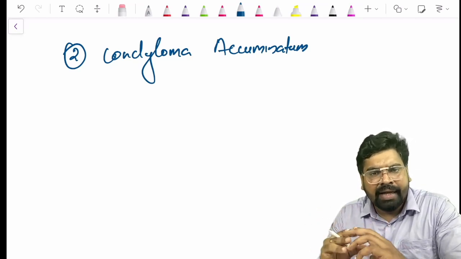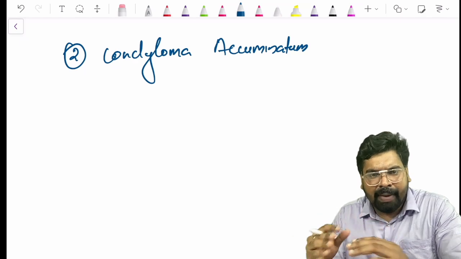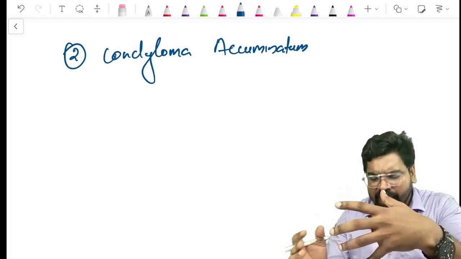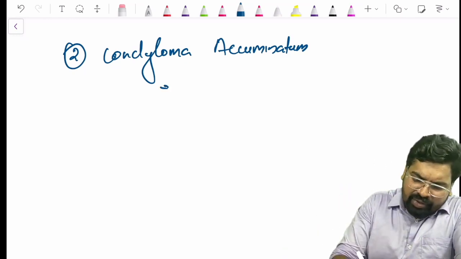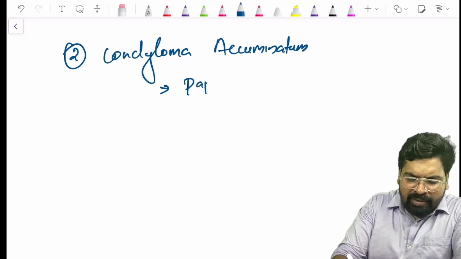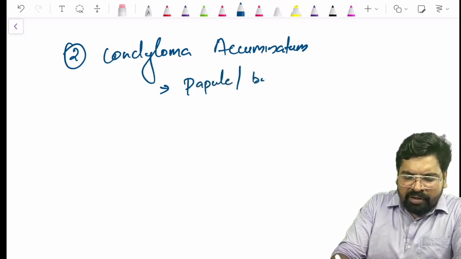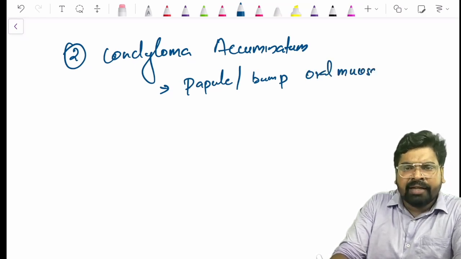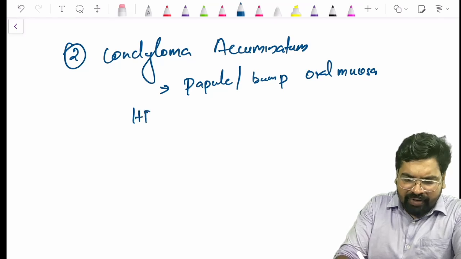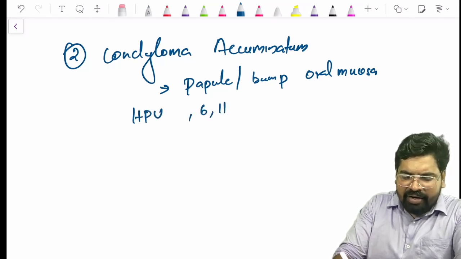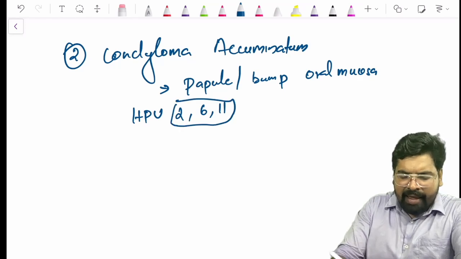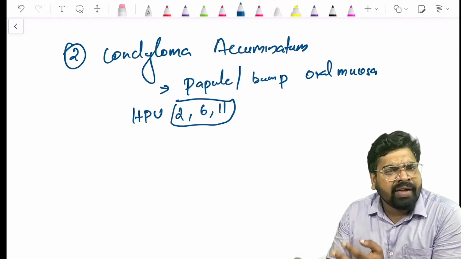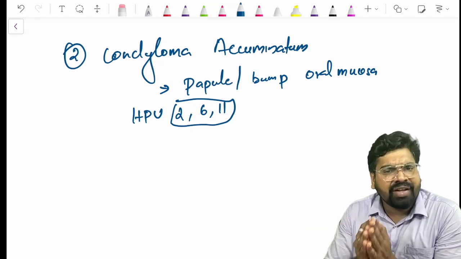It will also look like a papule, or a swelling, or a small bump on the oral mucosa. The difference is that here HPV 6 and 11 is causing this condyloma acuminatum. This is also a low risk virus, and there is nothing much you can see here.